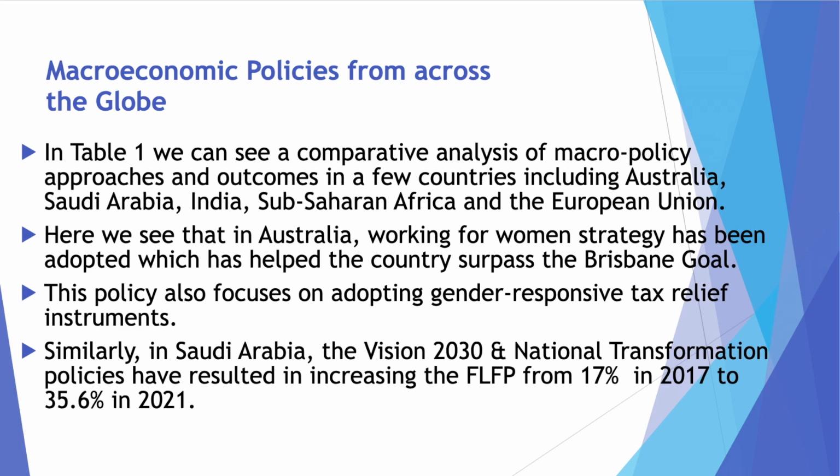And these goals have been adopted for the period 2024 to 2034. That means for a decadal time. Now, this policy also focuses on adopting gender-responsive tax relief instruments. Similarly, in Saudi Arabia, the Vision 2030 and national transformation policies have resulted in increasing the female labor force participation from 17% in 2017 to 35.6% in 2021.